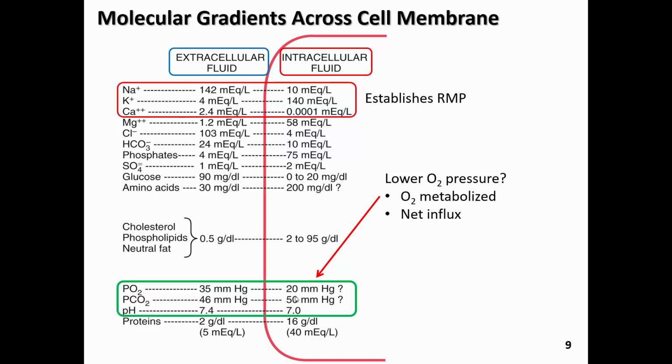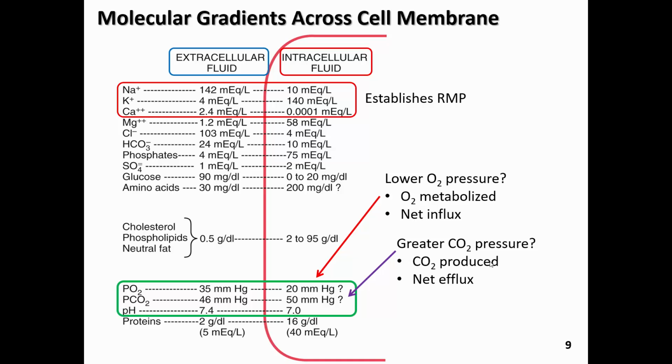Likewise with carbon dioxide, since the interior of the cell is the location where carbon dioxide molecules are produced, that pressure favors the movement of carbon dioxide from the interior to the outside of the cell. And so with respect to oxygen, there's what's called a net influx driven by the pressure gradient.